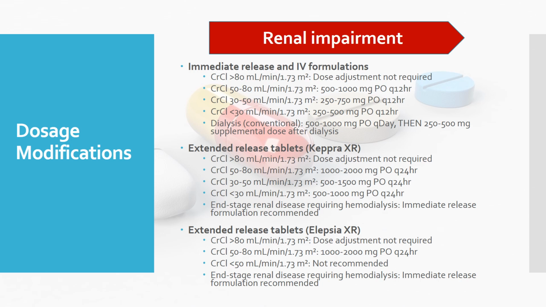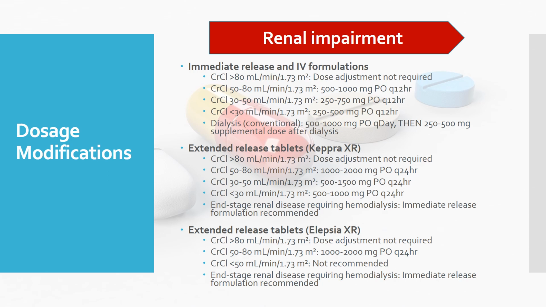So for renal impairment, depending on the release mechanism of Keppra, as it does come in immediate and extended release, and different brands of it, there are different creatinine clearance renal adjustments that are appropriate. For example, for immediate release and/or IV formulations, with a creatinine clearance greater than 80, no dosage adjustment is required.